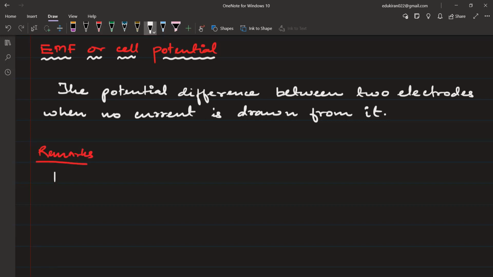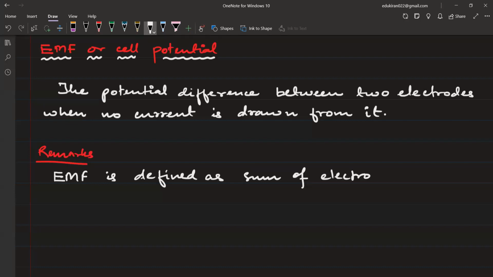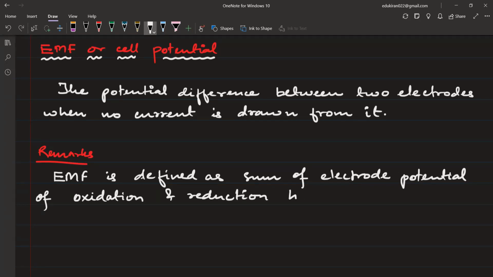Right here, EMF is defined as the sum of electrode potential of oxidation and reduction half cells.